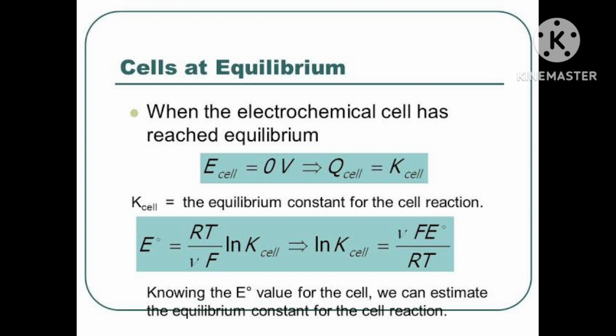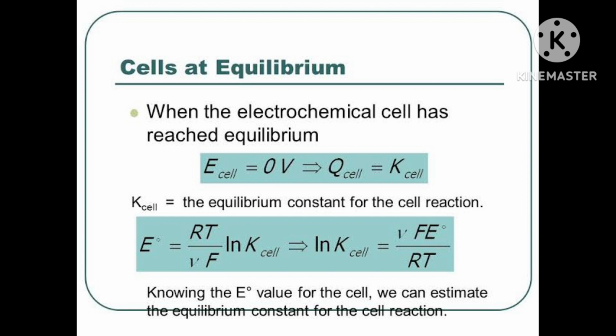Simply by simplification, you will get log Kc is equal to 2 into standard electrode potential divided by 0.059. Just by arranging, you will get it.